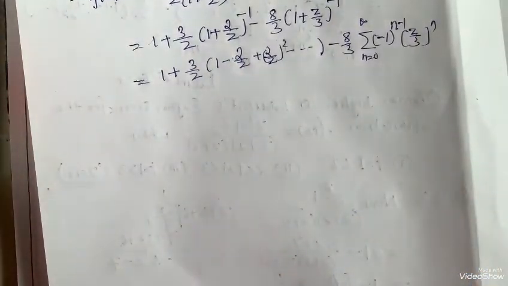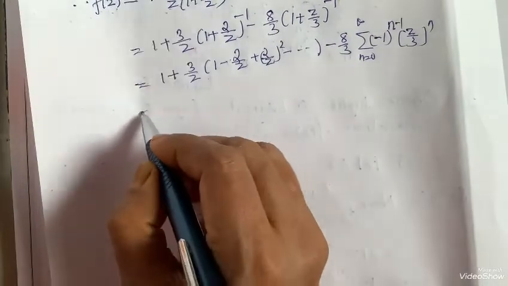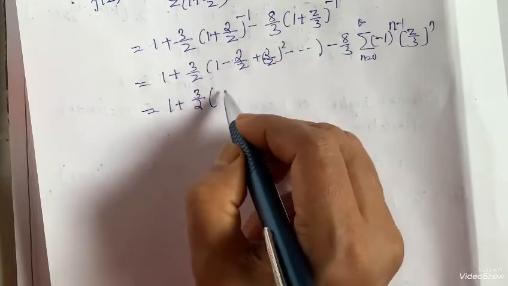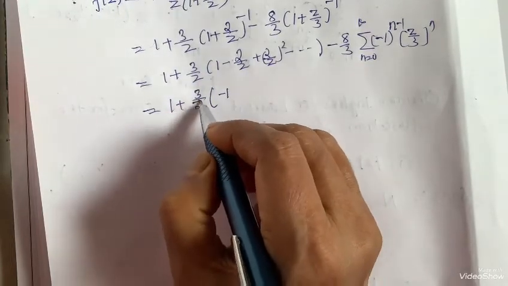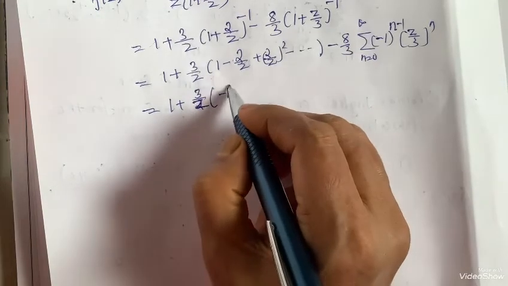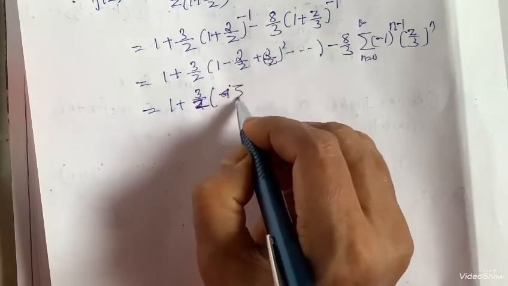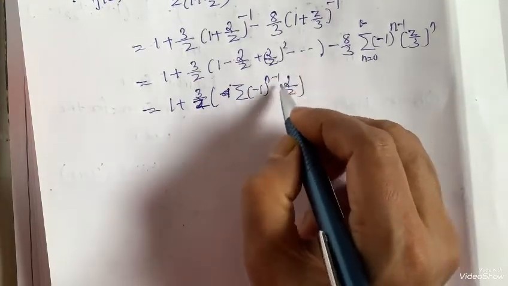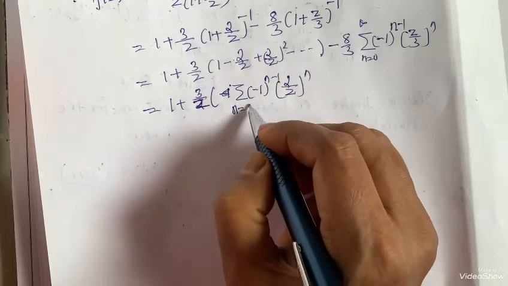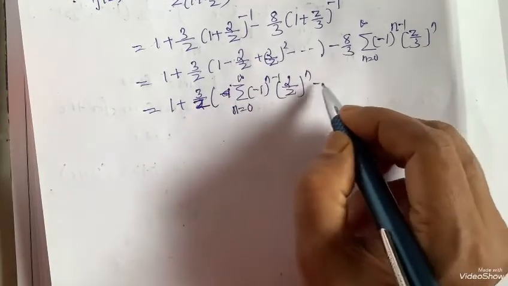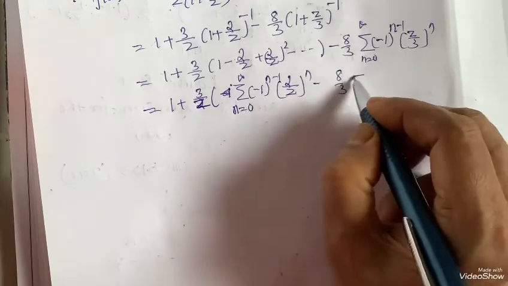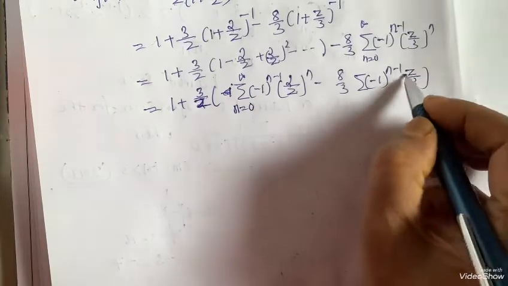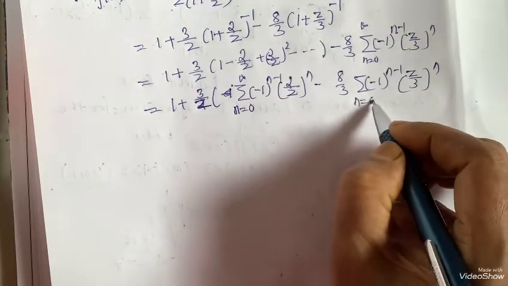What you get here is 3 by z, summation minus 1 raised to n and 2 by z raised to n, n is from 0 to infinity, minus 8 by 3 summation minus 1 raised to n, z by 3 raised to n, n is from 0 to infinity.